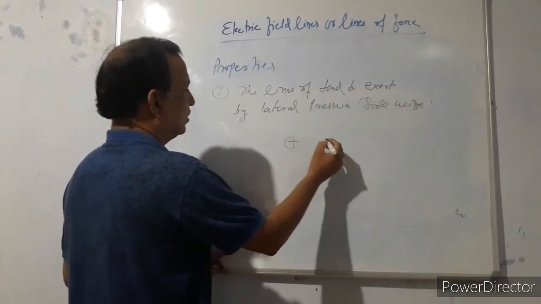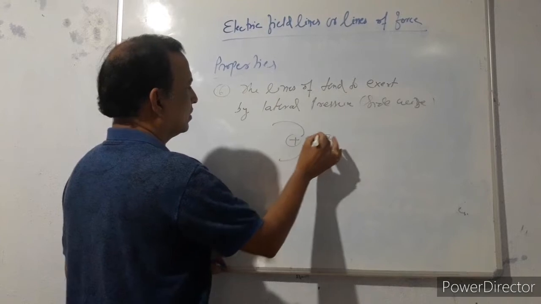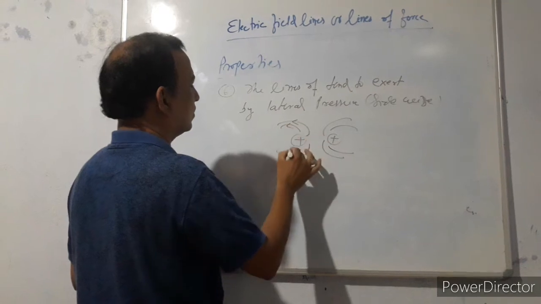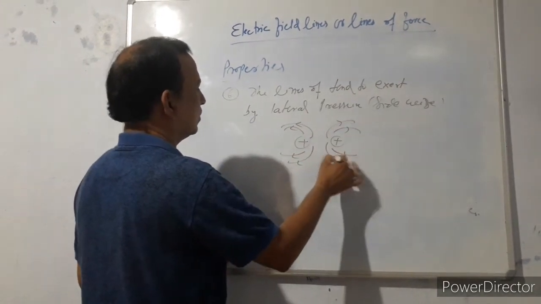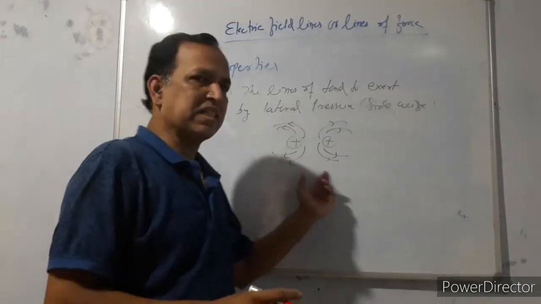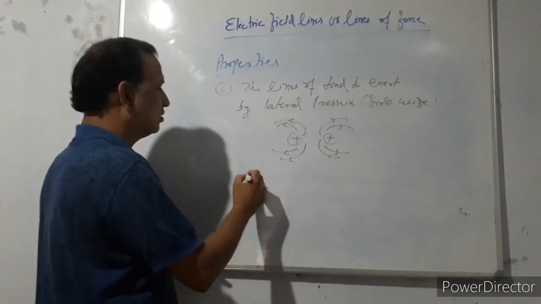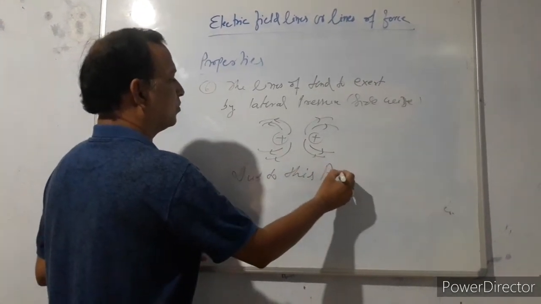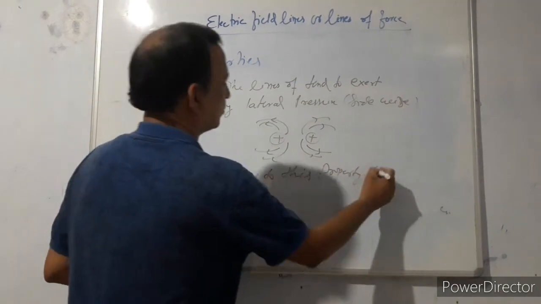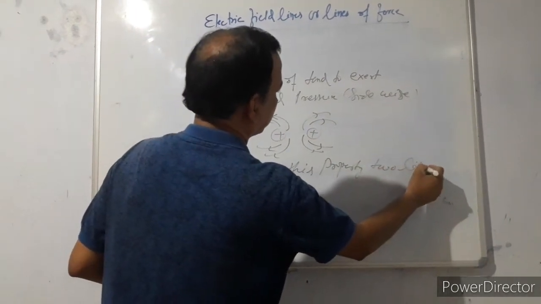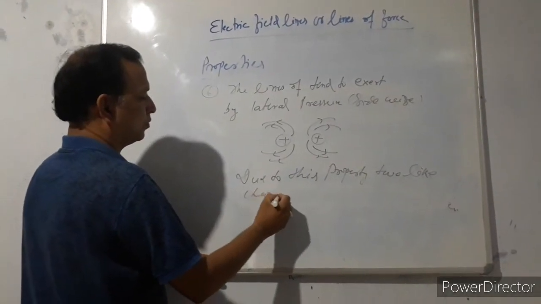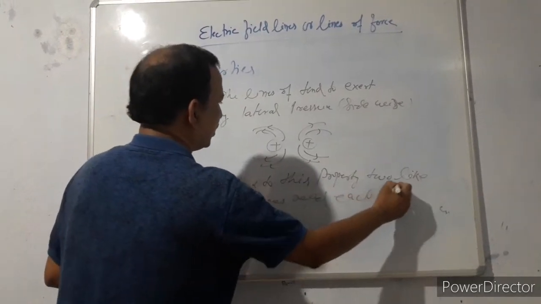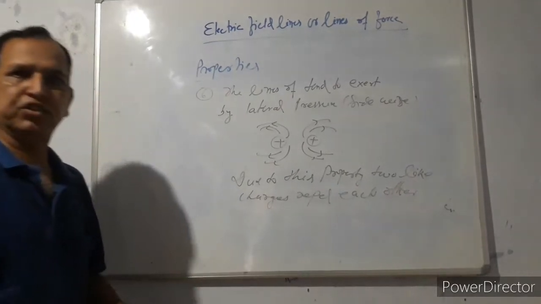That means plus and plus. Due to this property, two like charges repel each other. That is your sixth point.